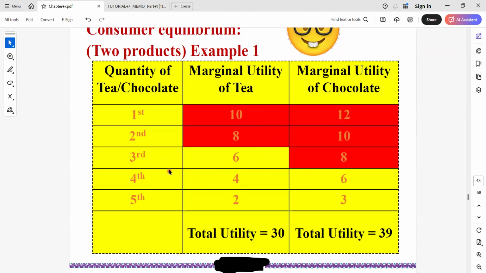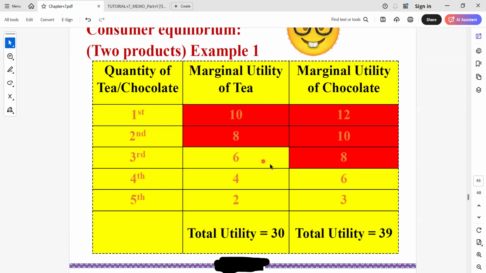So let's see if he's going to use all his income. He has 5 rand. Each chocolate and tea is 1 rand each. So if he purchases 3 tea, he's going to use 3 rand, and if he purchases 4 chocolates, he's going to use 4 rand. So 4 plus 3, that's 7.